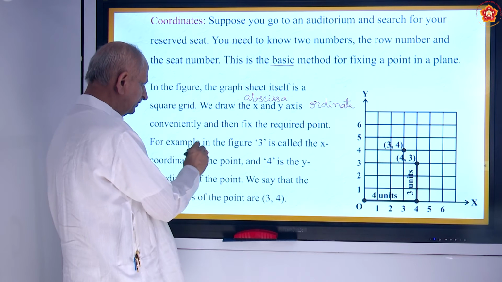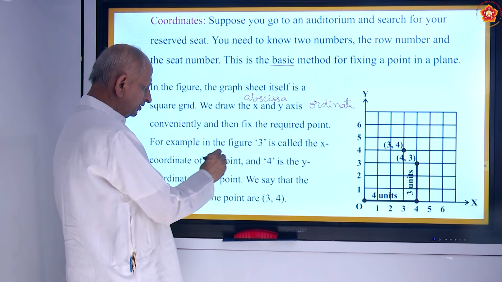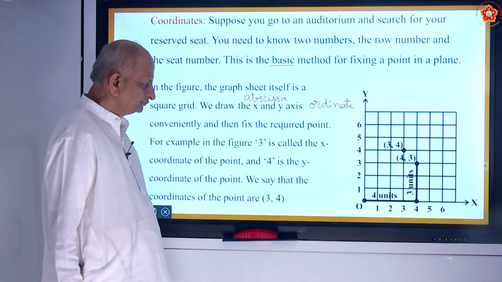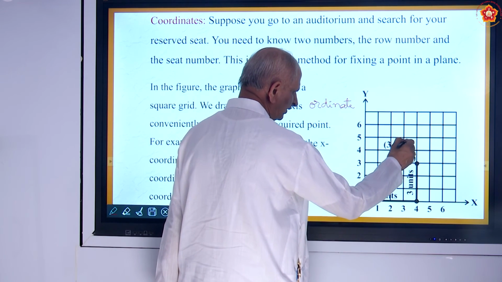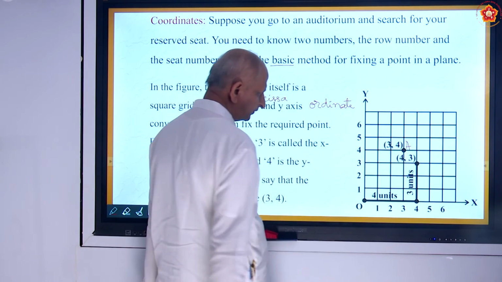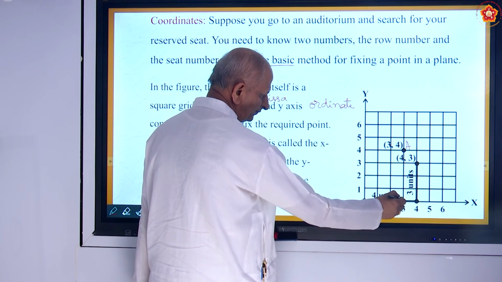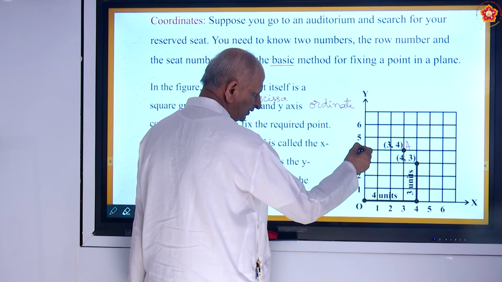For example, in the figure 3 is called the x coordinate and 4 is called the y coordinate. So when you say point 3, 4, suppose you call this point A. 3, 4 means what? On the x-axis, the third line is the third one, on the y-axis the fourth one.